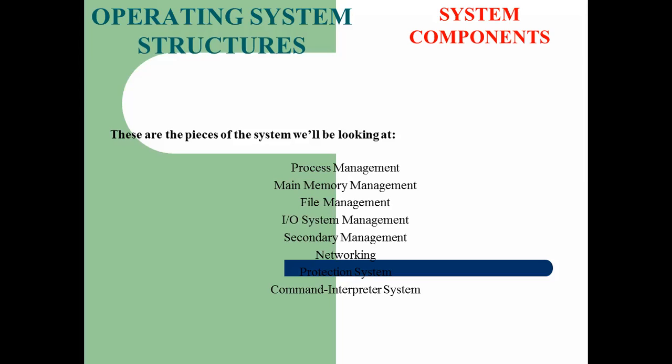Other managements you can see here are secondary storage management, networking, protection system, and command interpreter system. But the main management, the first four, are process management, main memory management, file management, and IO system management.